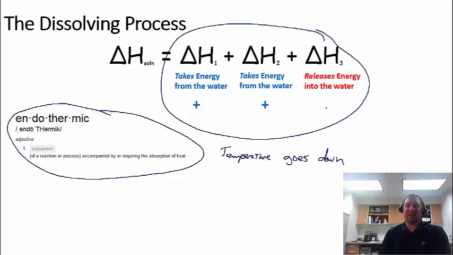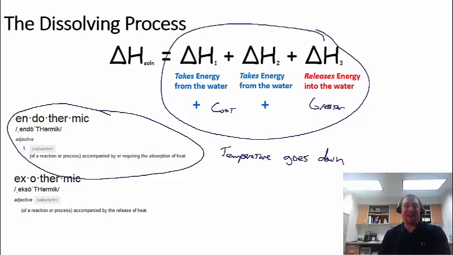If the amount of energy released is greater than the cost, then we have an exothermic process, and the temperature of the water goes up. This is a very condensed version of the dissolving process and how it applies to exothermic and endothermic reactions. But that's the basics, and I think that'll help you get through the lab.